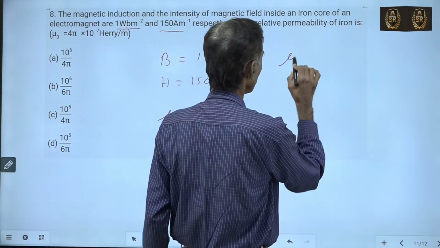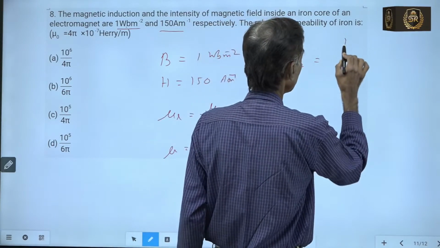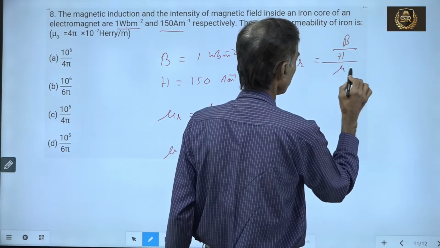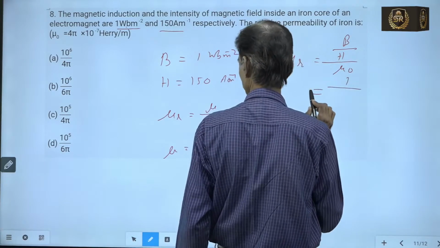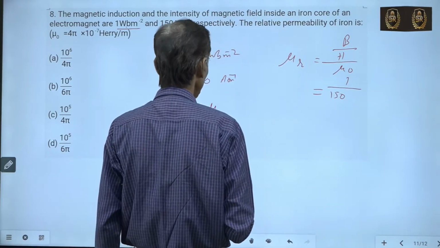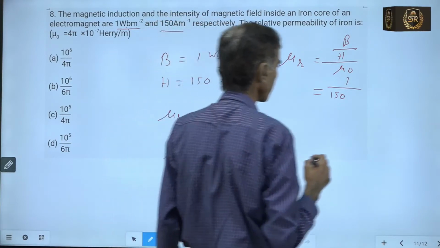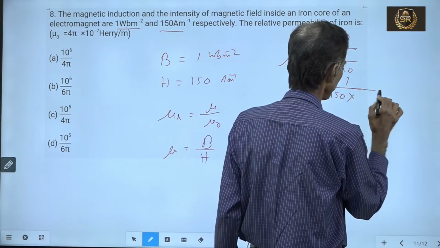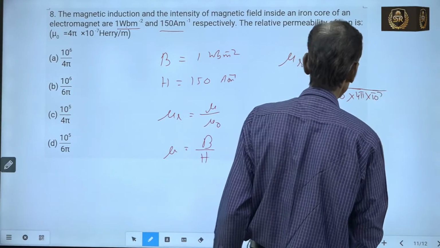Therefore mu r is equal to mu, that is B by H, divided by mu naught. So B by H is 1 by 150, divided by 4 pi into 10 power minus 7.